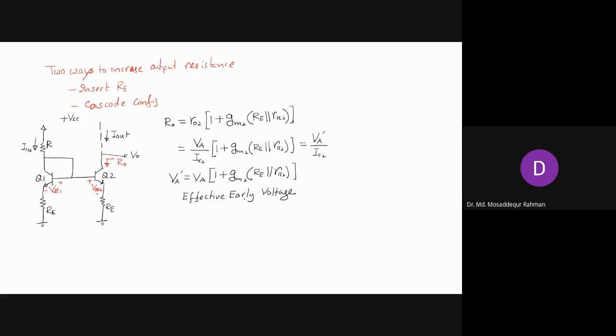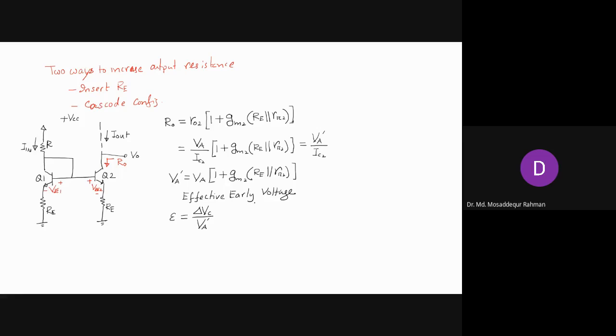And what will be the error now? It will be much lower, sir. How much will it be? By this factor, 1 plus gm value. It will be delta VC divided by VA prime.